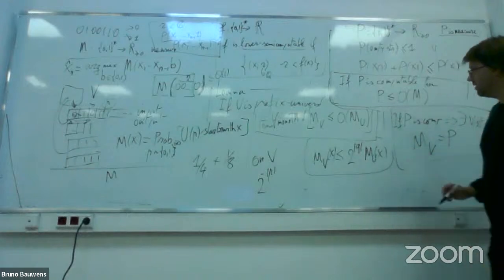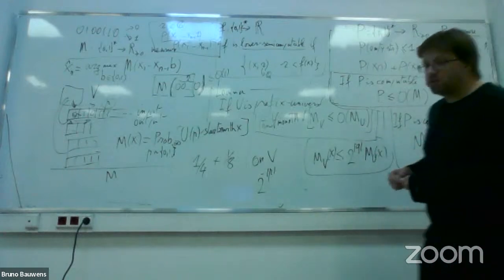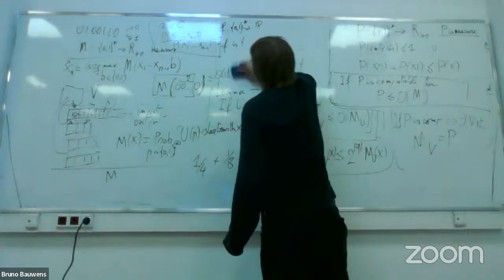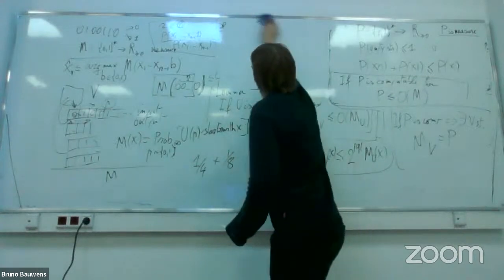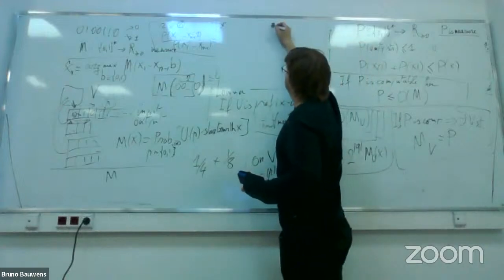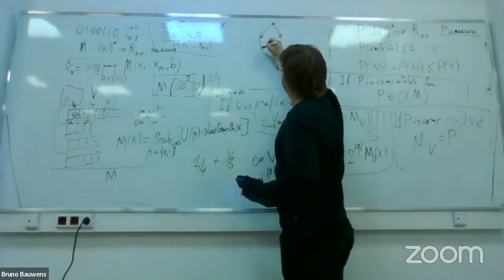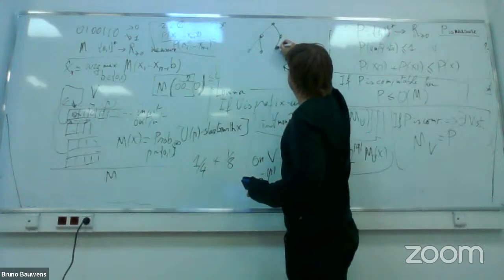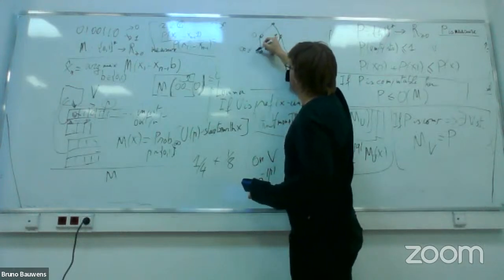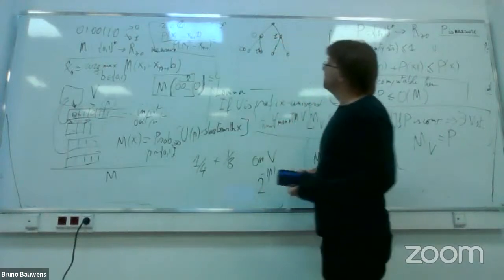Okay, let us look at the tree. But that's just how any sampler works. So let us look at all the output strings. Again, 0, 1, 0, 0, 0, 1, and so on.